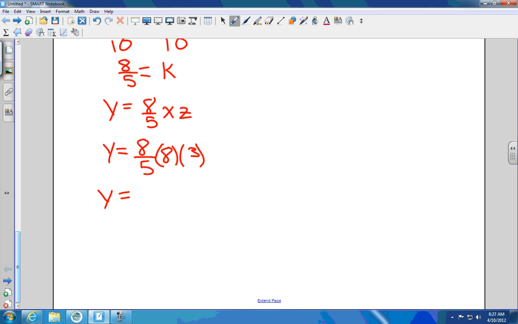So what do you get for y? Decimal or fraction? 38.4, and then what would the fraction be? 192 over what?